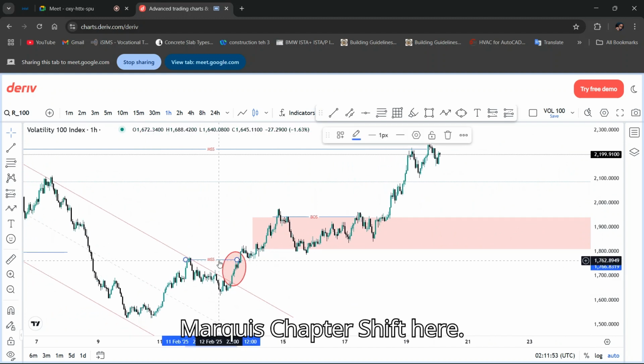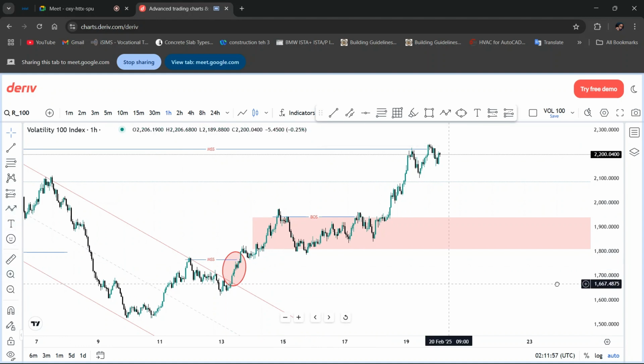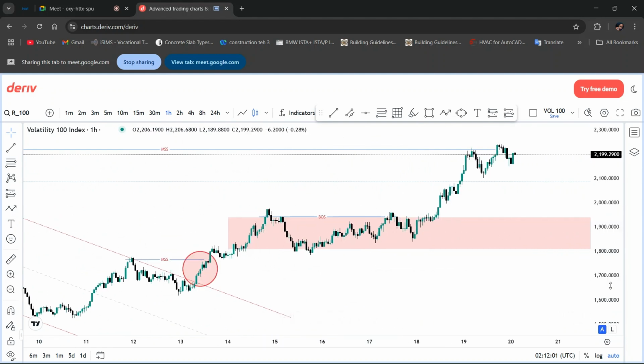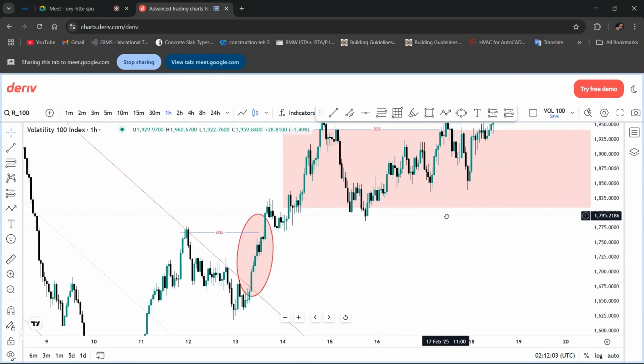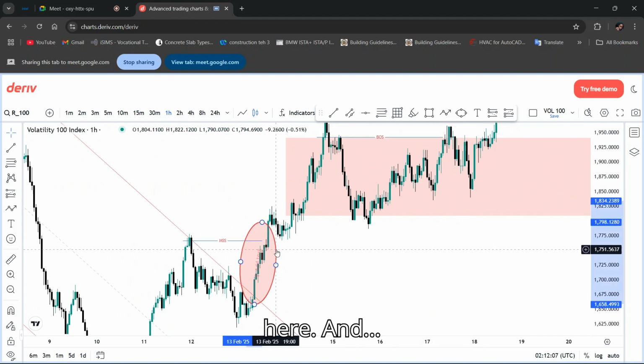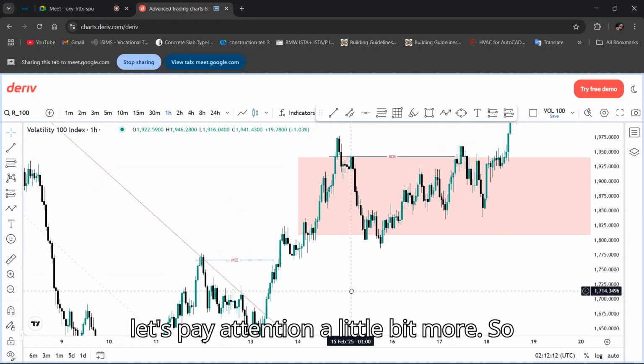We got the market structure shift here. Yeah, we got the market structure shift here. And let's pay attention a little bit more.